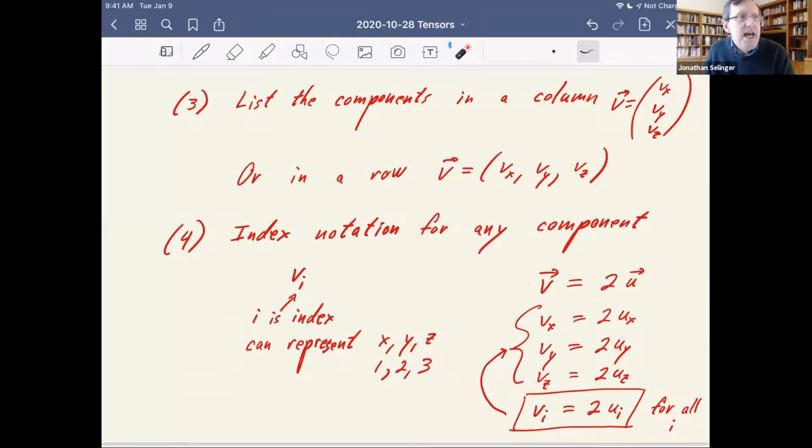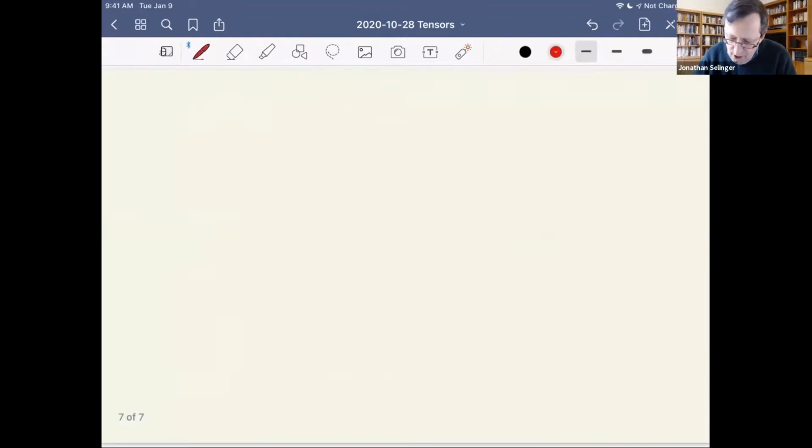Okay, now let's see if we can do the same things for tensors. Okay, so for tensors, working with tensors, the kind of notation we use has the same sorts of choices.